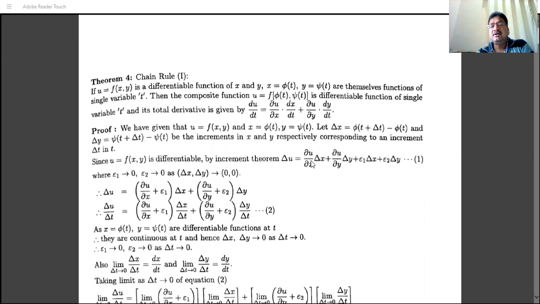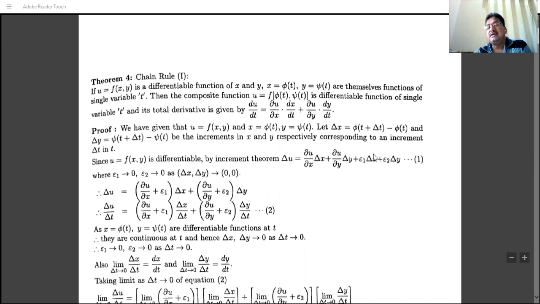So h times capital A, or fx at ab. Fx at ab means the derivative of f with respect to x, that is dava u by dava x. Here the notation for f is u. So h times dava u by dava x, plus k times fy. Fy means the derivative of f or u with respect to y, plus h phi hk.